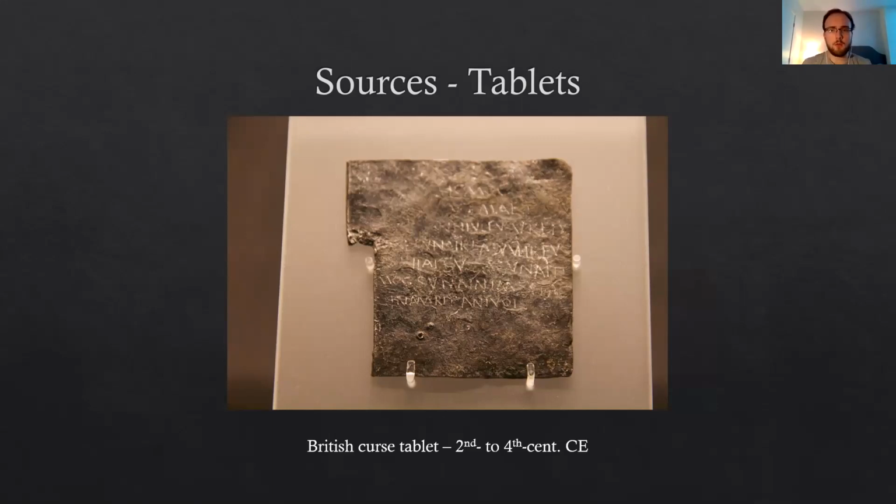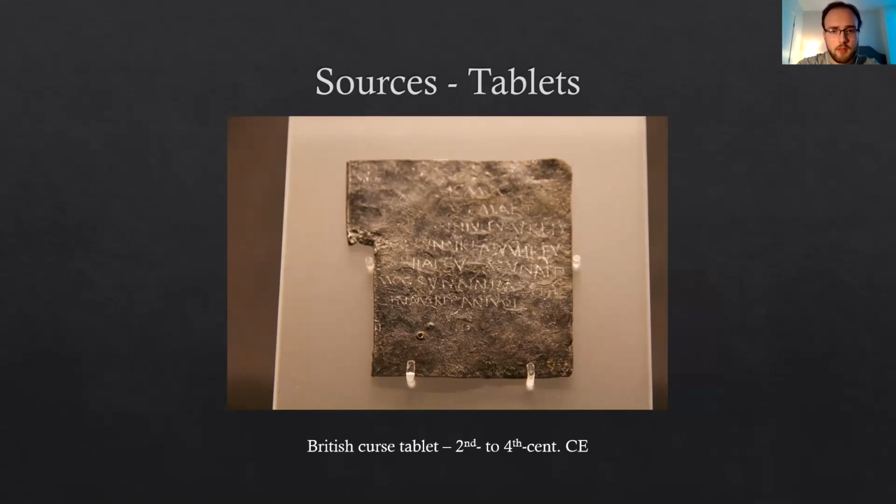And because this was used as a medium for petty theft, for instance, this is actually a pretty good example, or at least a better example than monumental inscriptions, of how the normal person who spoke Latin actually spoke Latin.